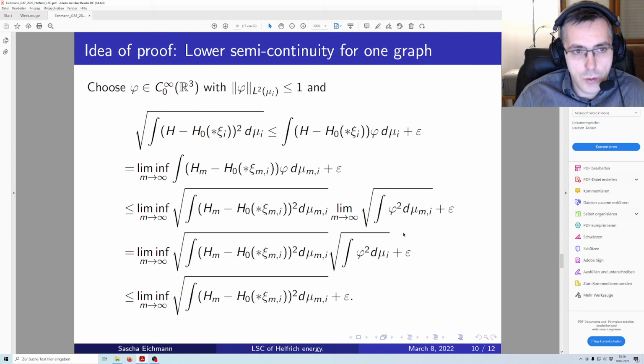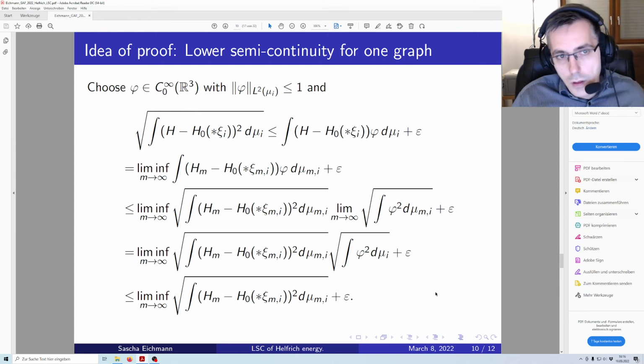And then essentially what we have is the Canham-Helfrich energy of one graph is smaller than the approximation of this graph from the minimizing sequence from the Canham-Helfrich energy of this approximator, plus some error term which can now be neglected because the left-hand side and the right-hand side do not depend on the test function phi anymore.